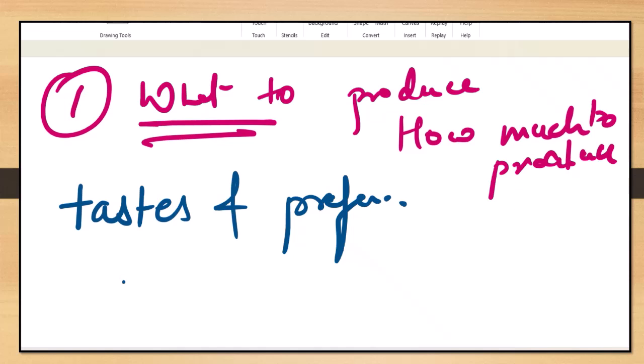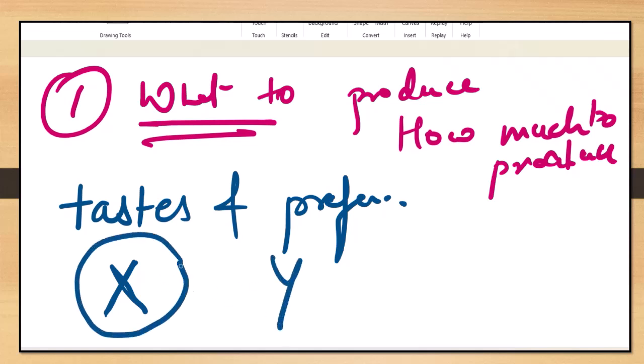If the taste and preferences of the consumers are towards brand X, for example we are talking about chocolates now, if the choice of the consumers is chocolate X and not Y, then the producers will be more inclined to produce chocolate X and not chocolate Y.